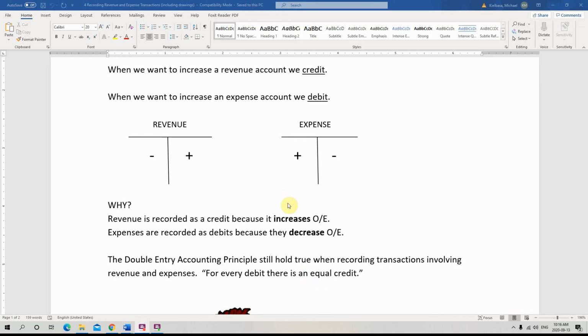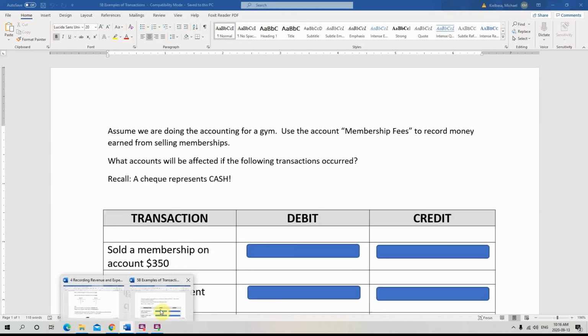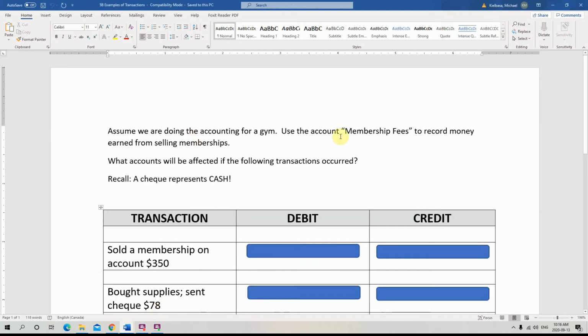So for every debit, there has to be an equal credit, right? So if you debit something, you have to credit something as well. Now, I've provided you with some examples of transactions. So, what accounts are affected if the following transactions occur?